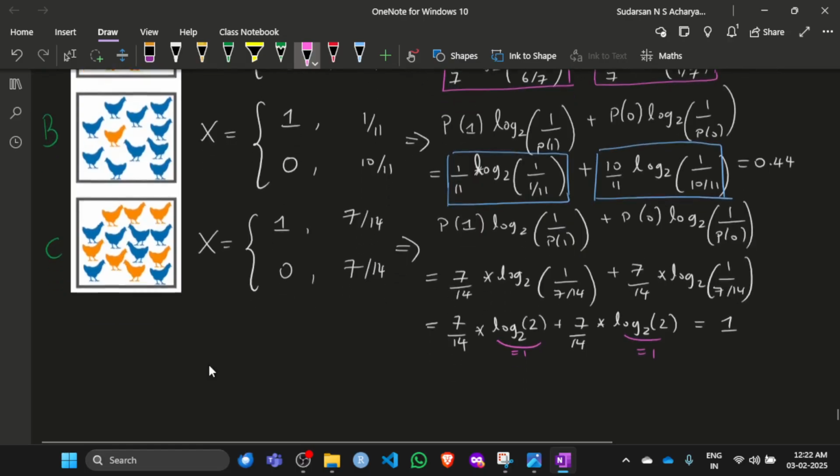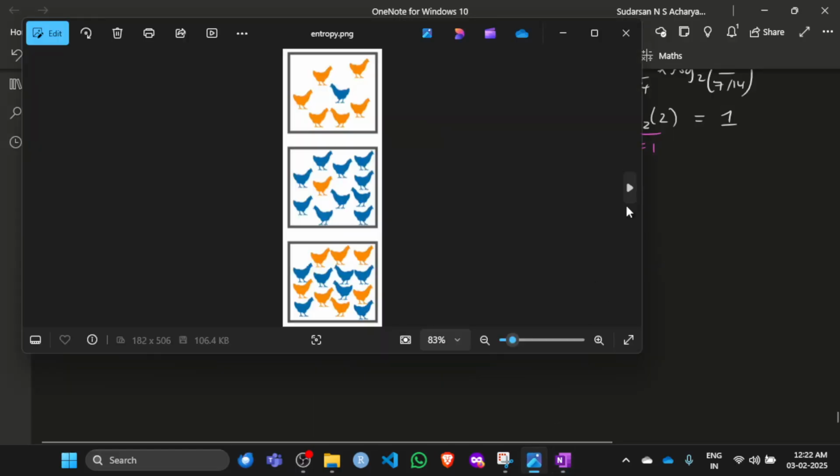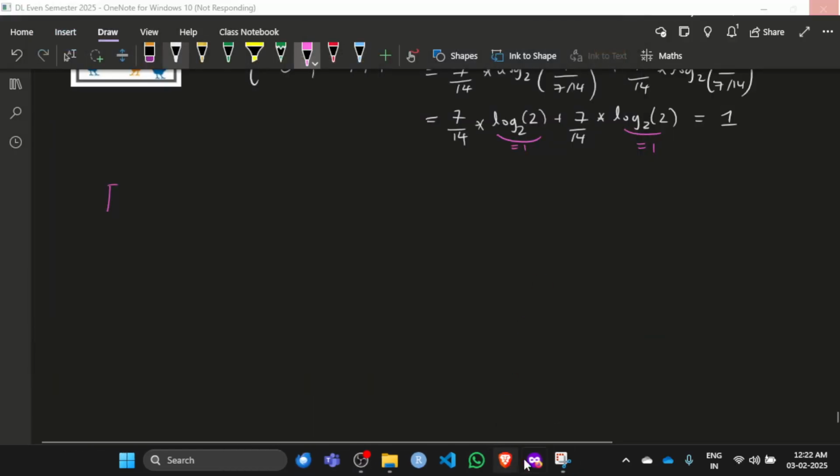So why did we do all this? Because now we know what the entropy associated with the random variable is, right? So I'll just write this down here.